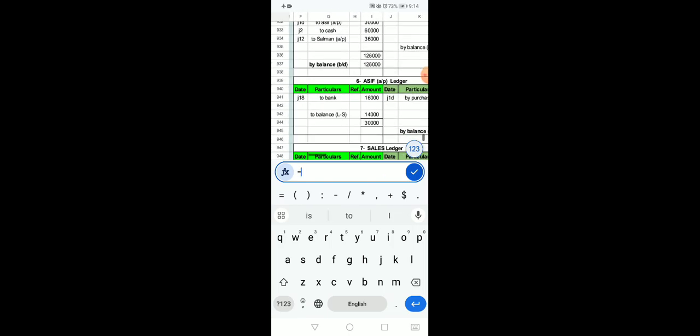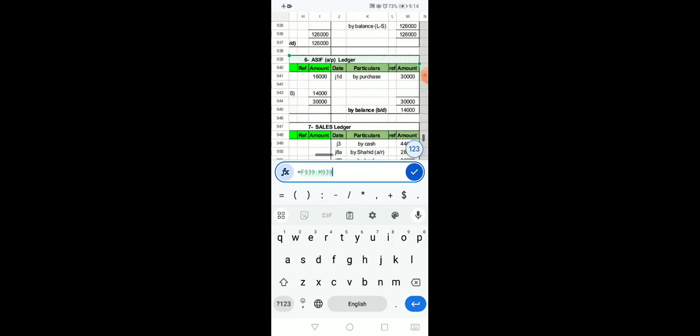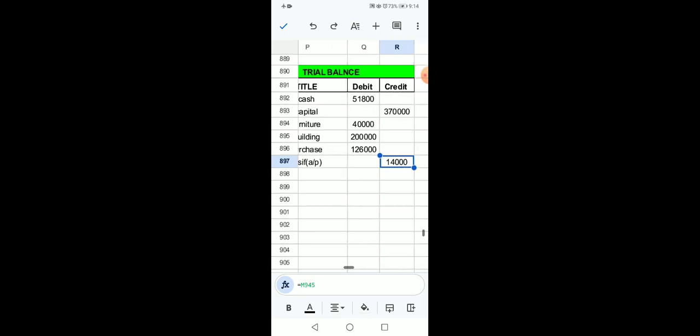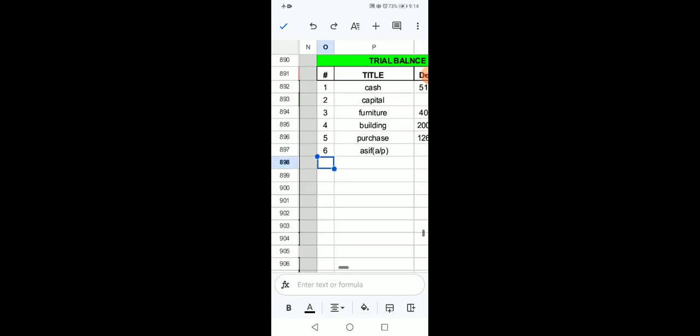Here you have ledger number 6. The balance is calculated on the credit side. We have brought this balance on the credit side, so we will choose the credit side in the trial balance. In front of Asif we will write 14,000. Here you can see we have chosen the credit side. The balance is written in front of Asif, 14,000. That means the sixth ledger is posted.